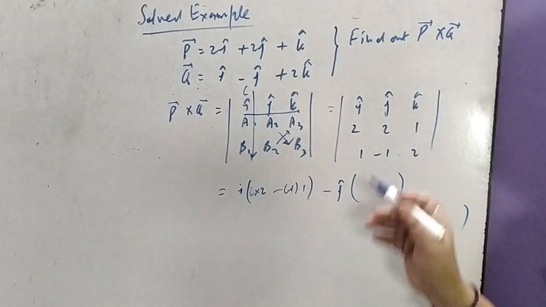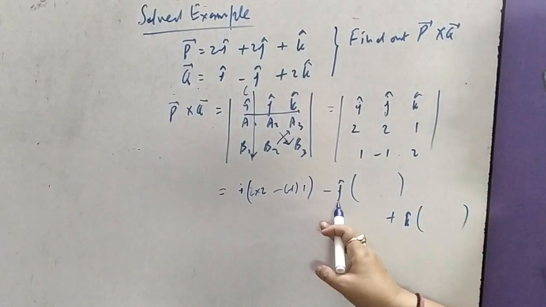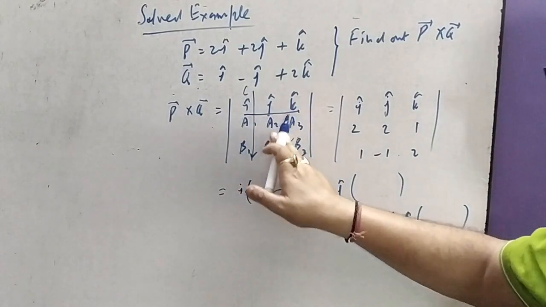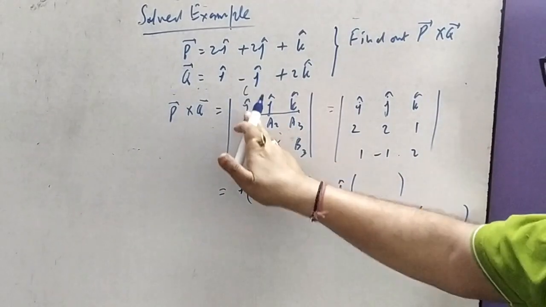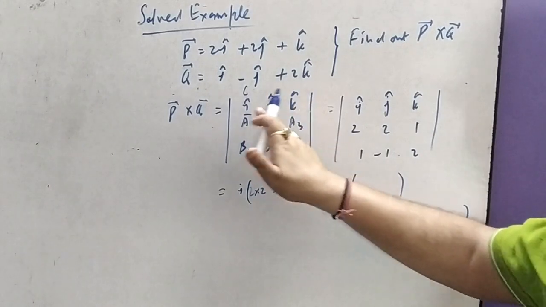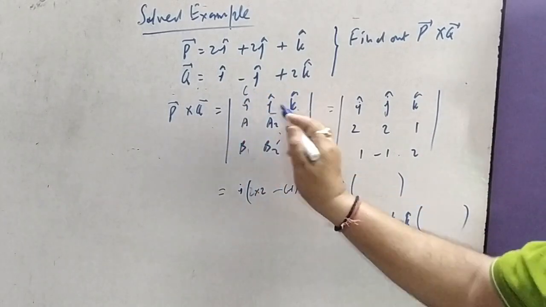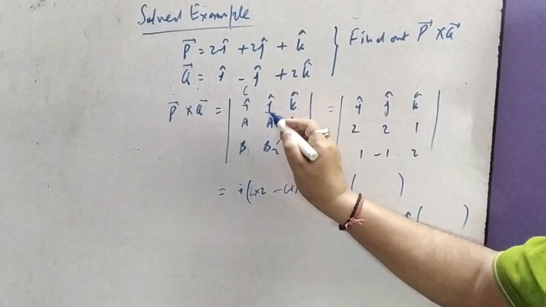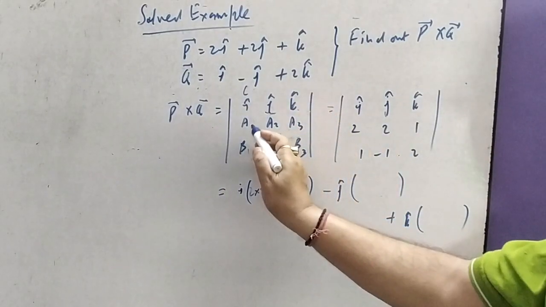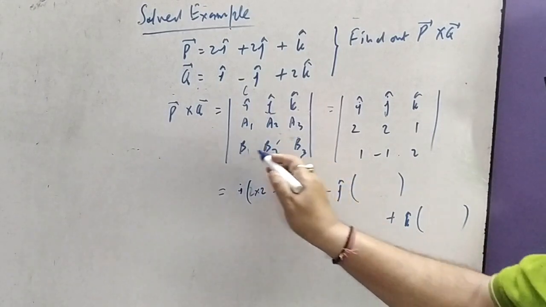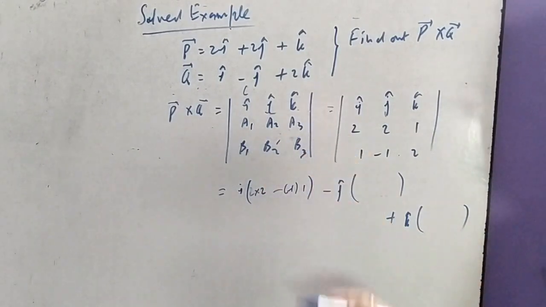Then j का टर्म में जब माइनस j लिखते, then we have to ignore the column and the row which contains this j. That means ये वाला रो तो नहीं लेना है और ये वाला कॉलम भी नहीं लेना है. Then we must take this to this minus this to this.